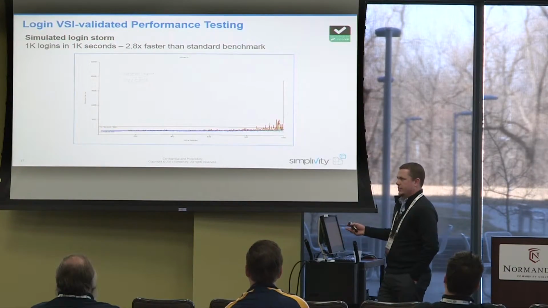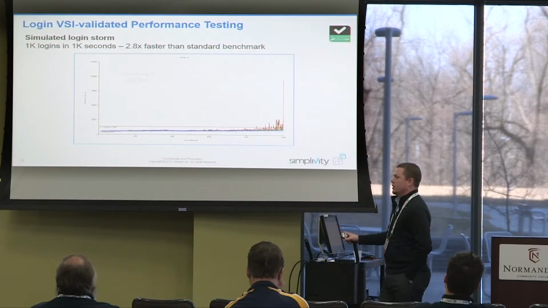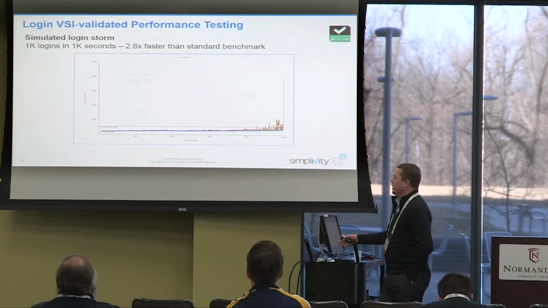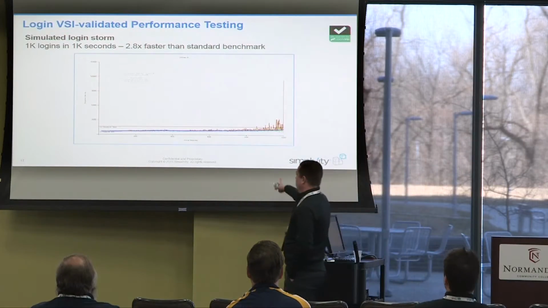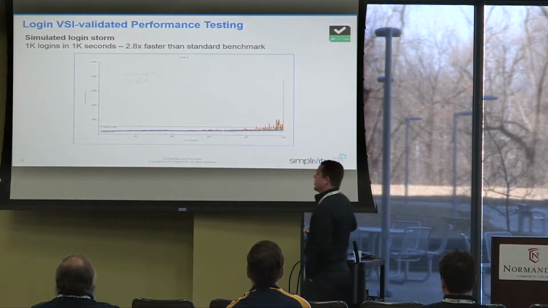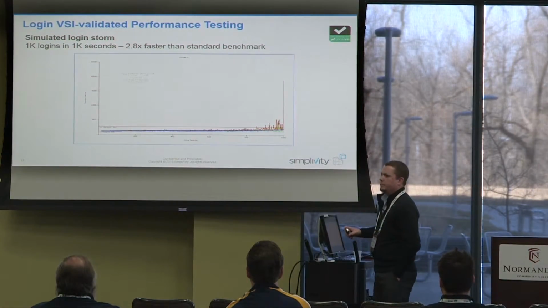Typically, a Login VSI test for 1,000 users is about 2.88 seconds per login, a little under 3 seconds. We did it at 1 second per login to try and simulate a boot storm, and you can see here, it really never flinched. We never got close to the point where users are going to have a bad time.